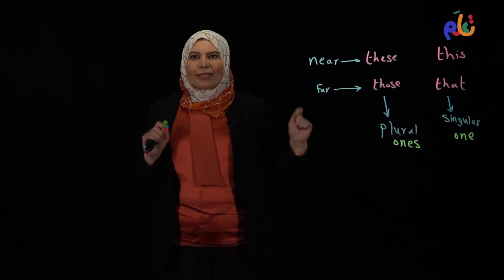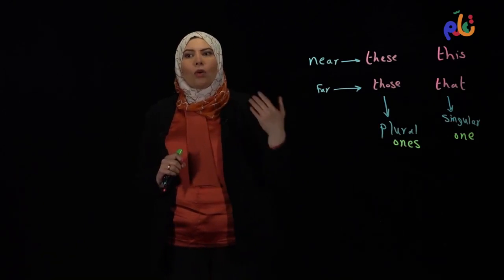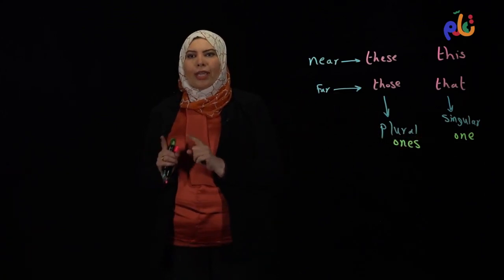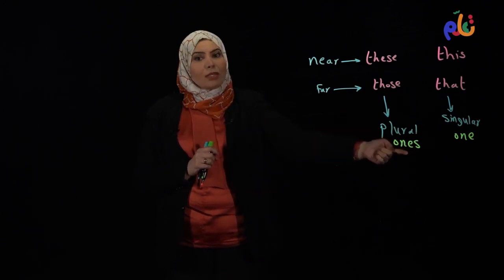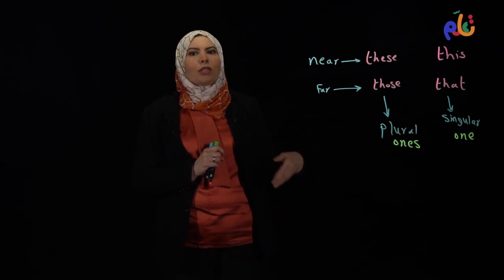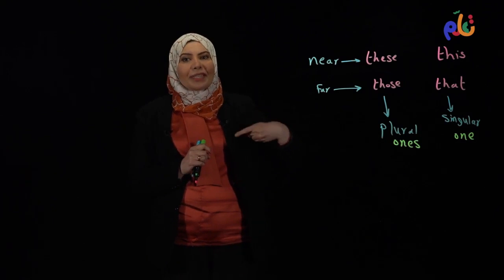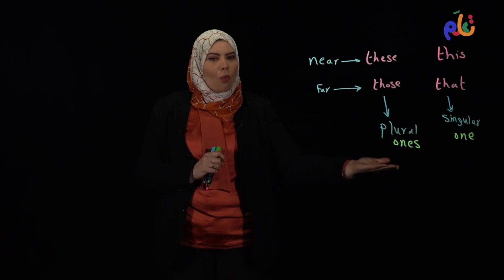So replacing the word jacket or replacing any singular word with the word one. And in the other case we have, on the other hand, ones, which is the plural. So if we're talking about trousers, shoes, or shorts, instead of repeating the same word again and again, in this case we can say ones.